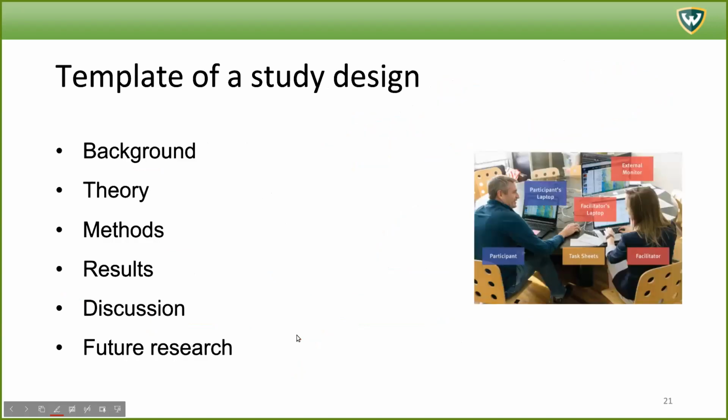So let's take a look at the template of a study design you usually find. So first is the background. So what's the context that you're dealing with? And often the background may also have the rationale or motivation for your research. For example, if you're dealing with testing different information systems, you may say, in our organization or in our field, information systems are very expensive.